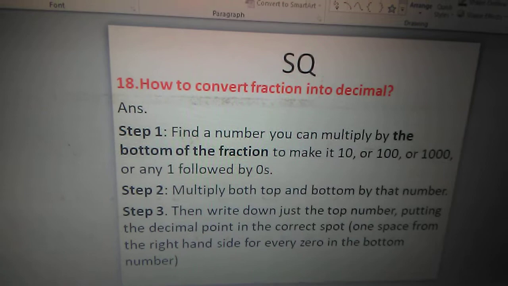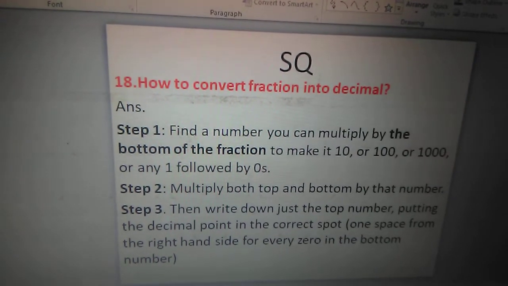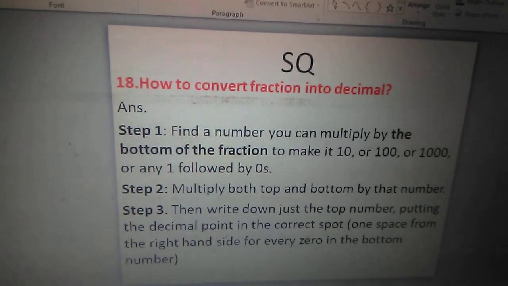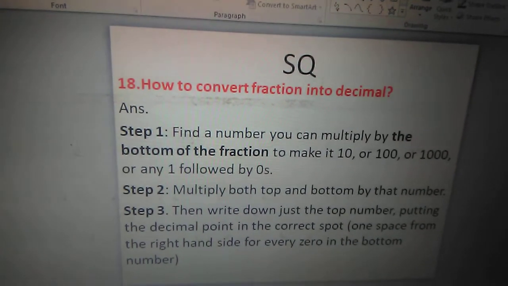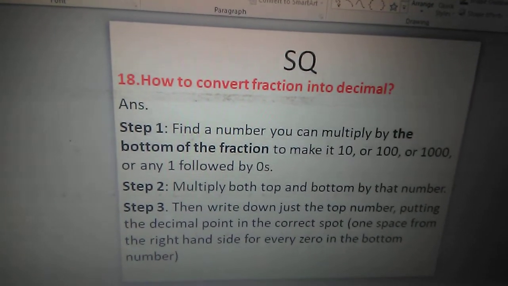At first, find a number you can multiply by the bottom of the fraction to make it 10 or 100 or 1000 or any 1 followed by zeros.